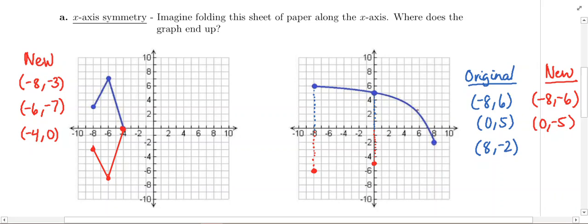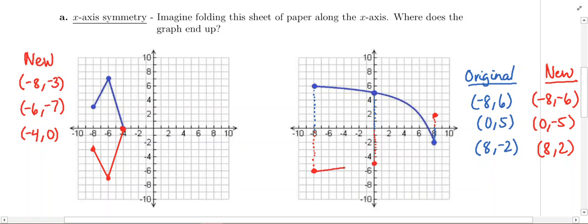And then if we look at this last point, 8, -2, it is 2 units below the x-axis. So if you fold a sheet of paper, this guy is getting sent 2 units above the x-axis to 8, 2. So those 3 key points have moved, and then you want to connect them with the same basic shape, so this curve shape.